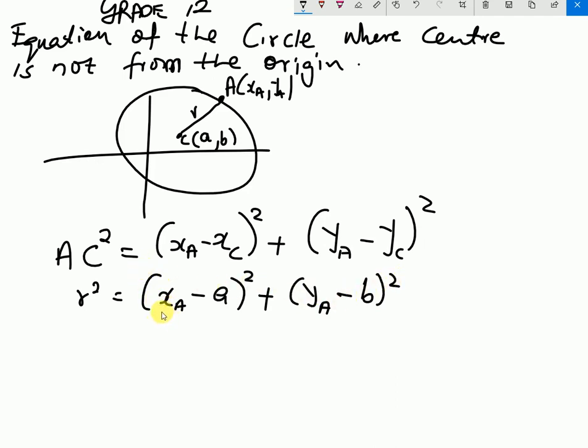I am telling you people, we will get many things from this formula here. Alright. Okay. Let me ask you something.